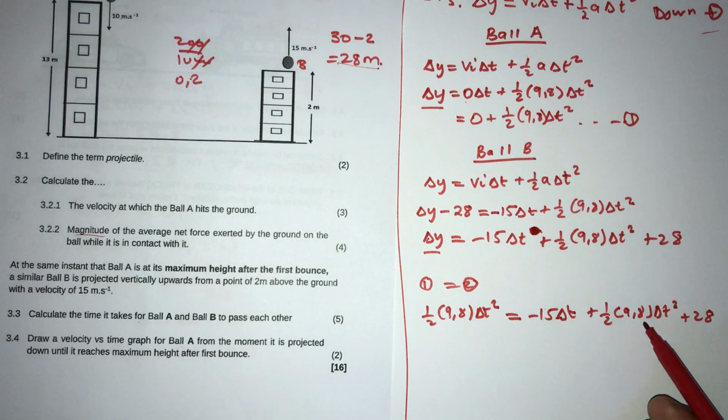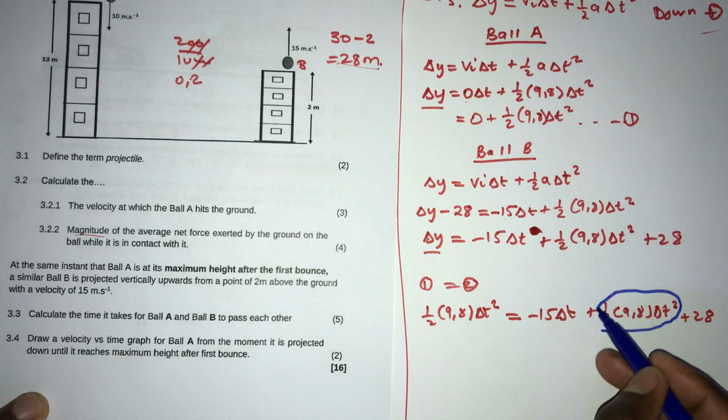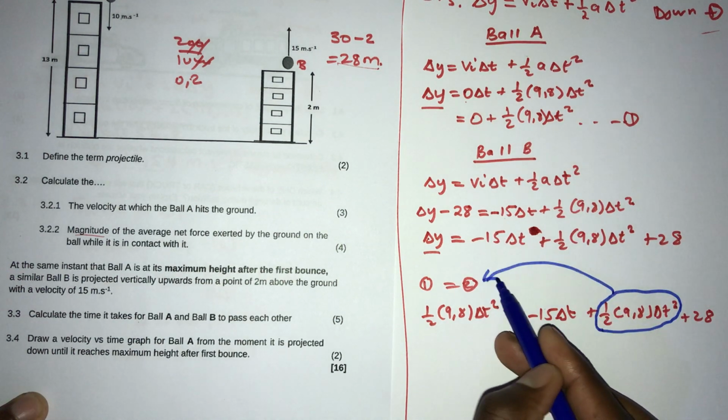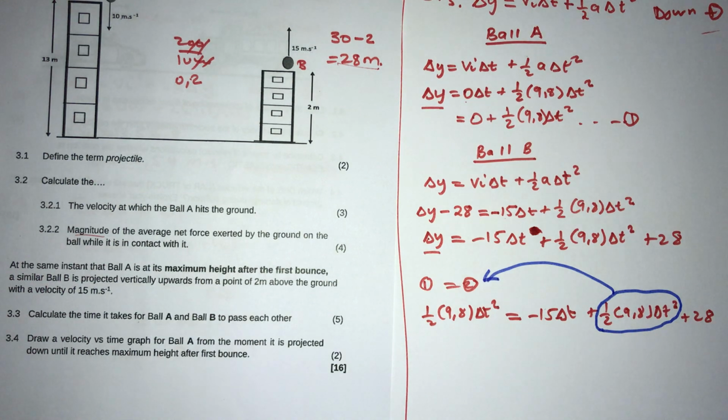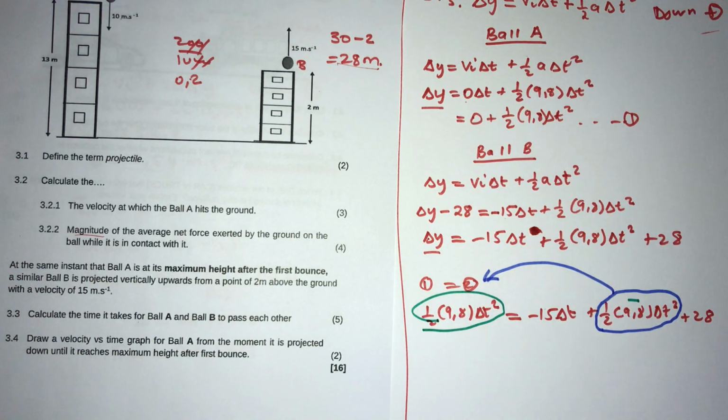Now, when you take this part to the other side, it will become negative, right? So, since it becomes negative, we're going to have this part minus that part. So, they're going to give us 0. So, let's simplify life now.